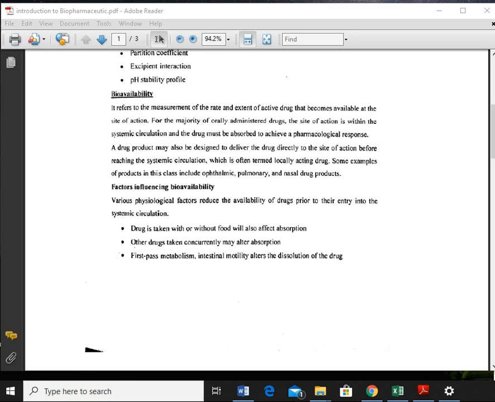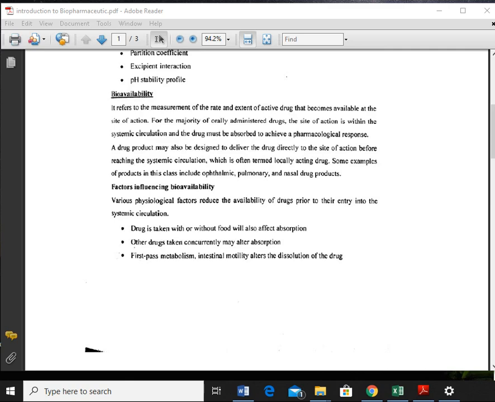Other drugs taken concurrently may alter the absorption. Definitely, in geriatric patients, polypharmacy is very common. Too many drugs are taken at a time, so there may be a chance of interaction where one drug increases or decreases the bioavailability of the other.